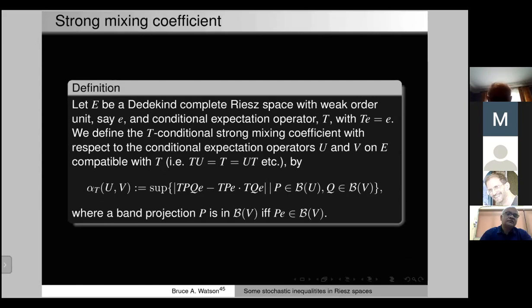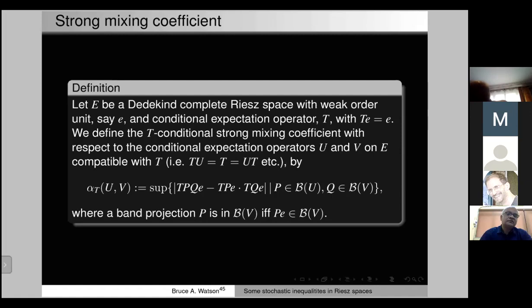We can define a mixing coefficient. So if we have conditional expectation operators U and V on our original space, which are compatible with T as described here, we can measure the degree of conditional independence of the spaces generated by U and V by what's called the strong mixing coefficient, as defined here.